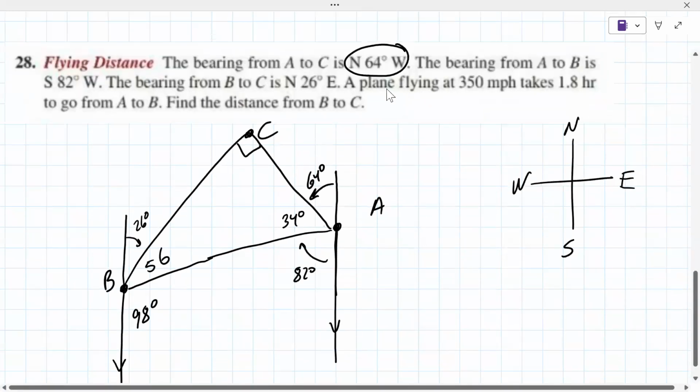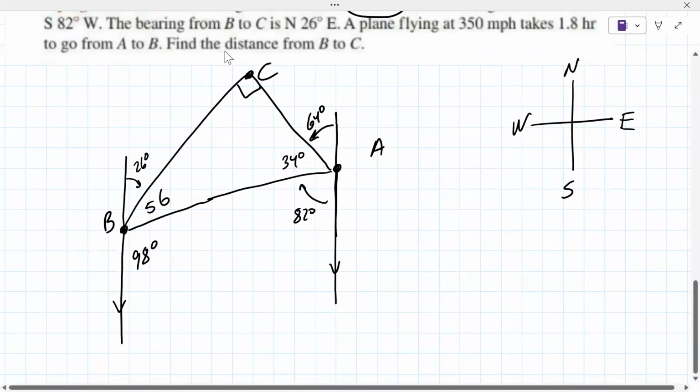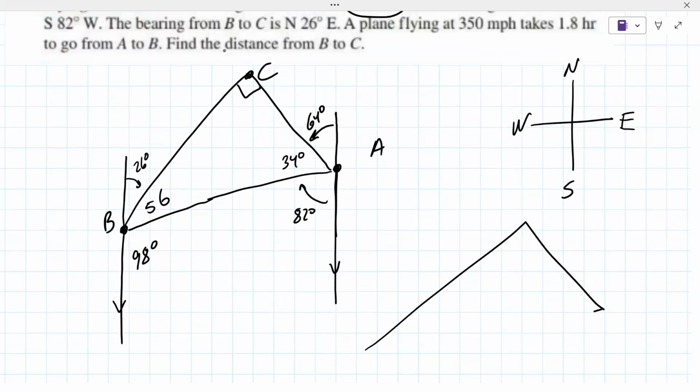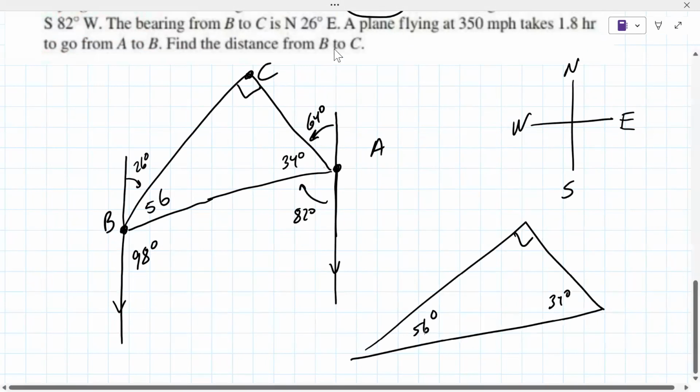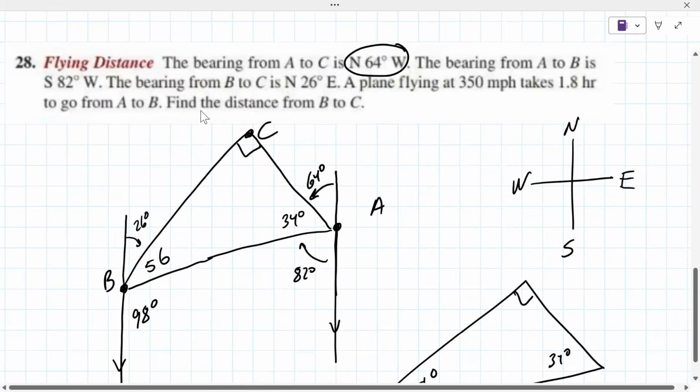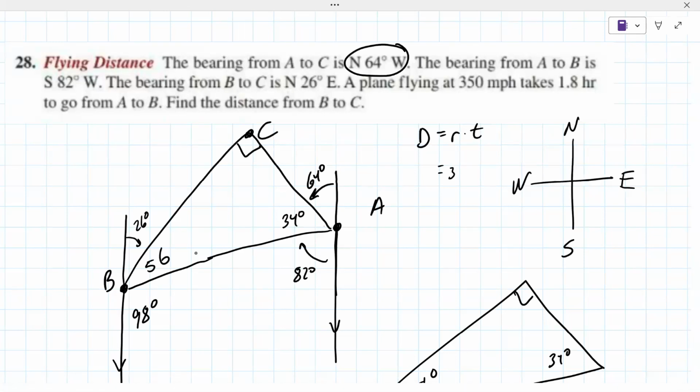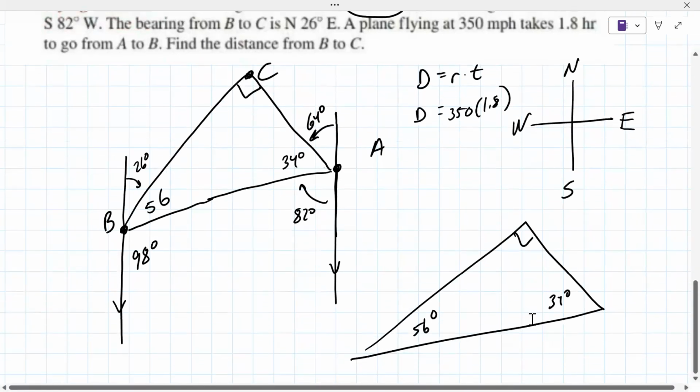Yeah. So there's a lot going on here, but if we break away from this, we have 34 degrees, 56 degrees, and it says it takes 1.8 hours to go from A to B. We need the distance. Distance is rate times time. So we're given the time, we're given the rate, so we can calculate distance from A to B, because we need one side of the right triangle.